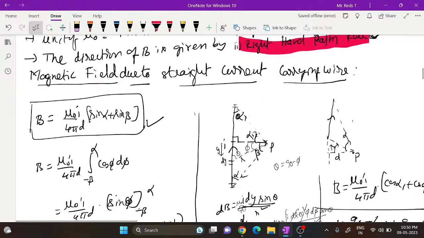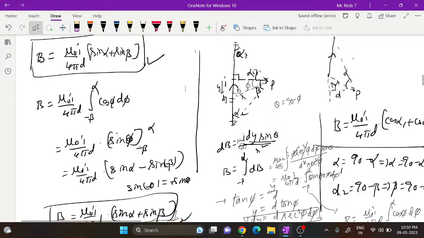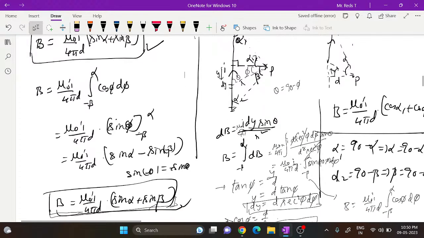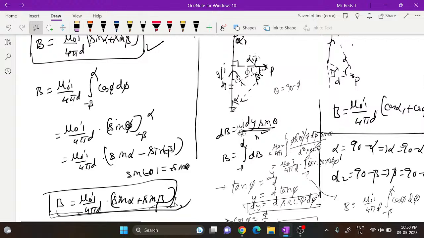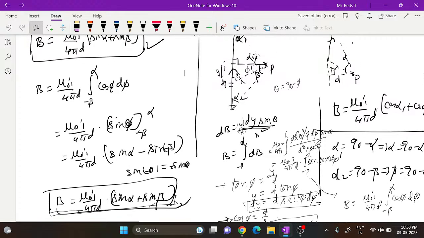See here, what you have to understand is you have to consider this conductor, and step by step we have to do, guys. The same thing I will explain step by step.